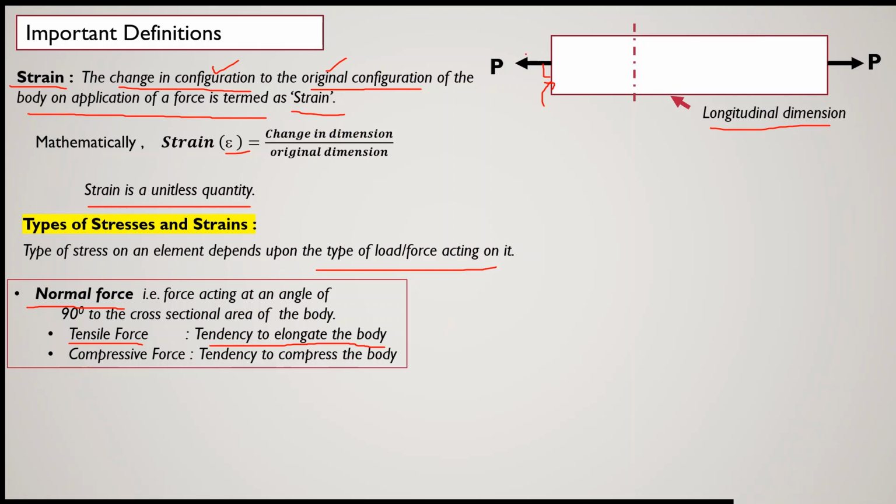Here in this figure, this is a tensile force, this force is stretching the body outward. So if this force is able to elongate it, deform it, then it has the tendency to increase the length of the member. So tensile force always has a tendency to elongate.